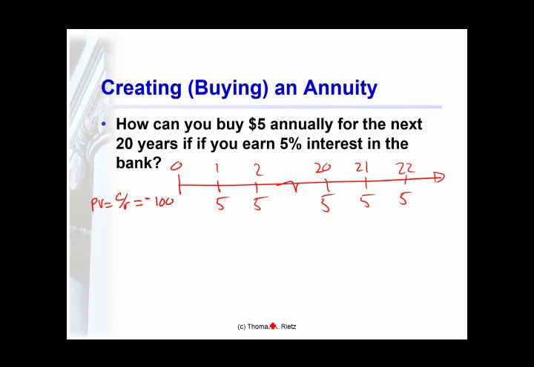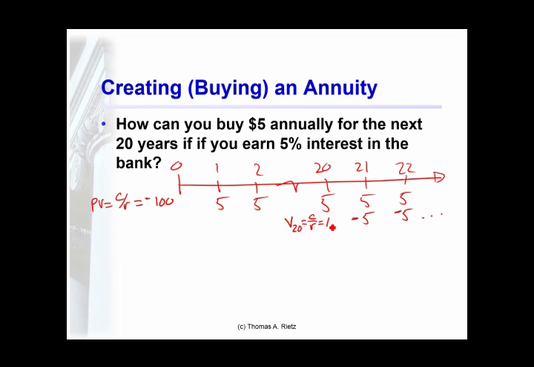But that's not what we want. What we want is $5 for 20 years and then zero thereafter. So let's actually subtract from this another perpetuity that starts in year 21 and goes forever after that. The value in year 20 of this perpetuity is also the cash flow divided by interest.